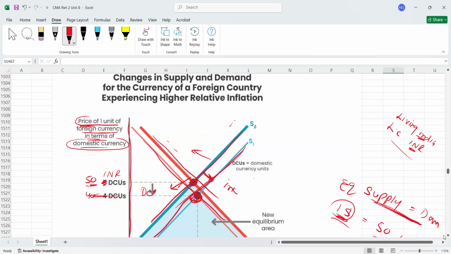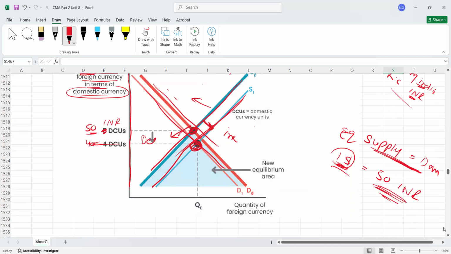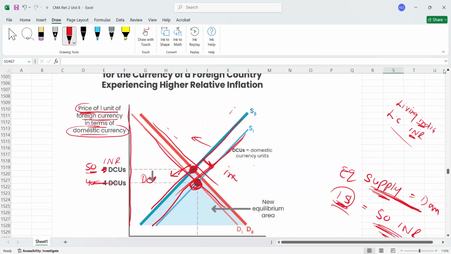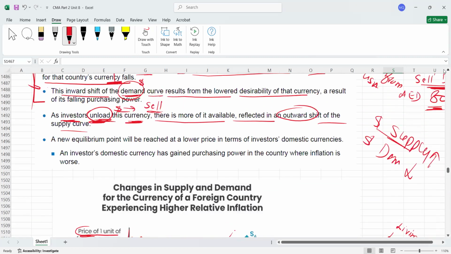Okay. Now please remember one more point here. I told you that the supply of dollars will increase and the demand for dollars will decrease. So due to that, what happened? Previously, at the previous equilibrium point, you were paying 50 Indian rupees to buy $1.